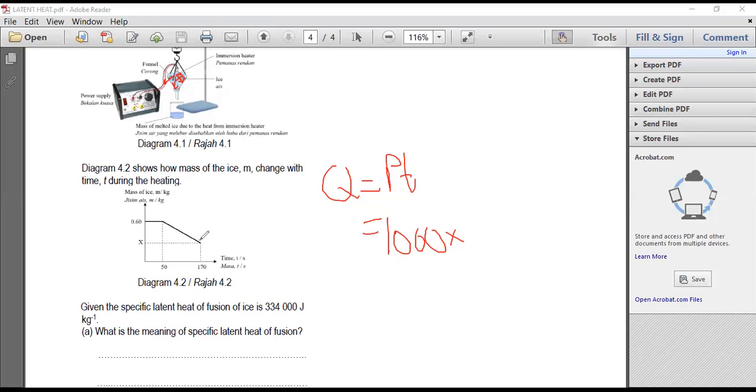After that only it starts to melt, so melting starts here. That means your duration is 170 minus 50.